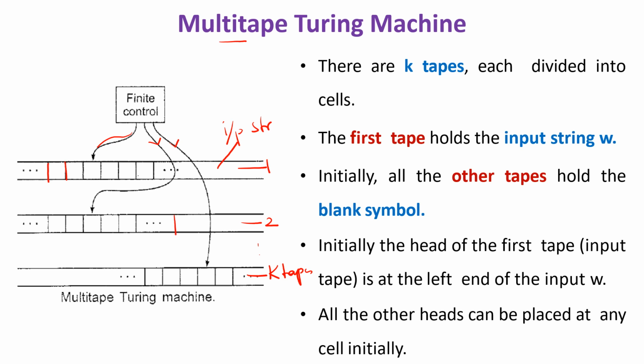The rest of the tapes contain the blank symbol initially. The first tape read-write head will be pointing to the leftmost input symbol of the given string.